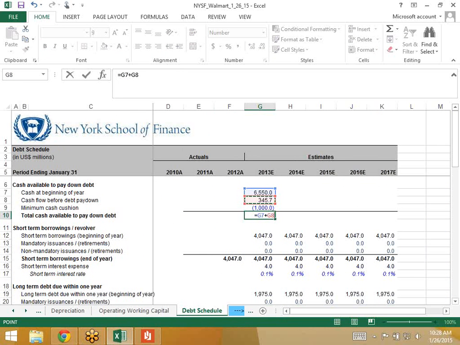So it's important to think about what this means. Plus the cushion, so wiping out the cushion. In other words, I have $5.8 billion that I can spend. And if I spend it all, I'll still have a maintenance amount of $1 billion on my balance sheet. That's the point.